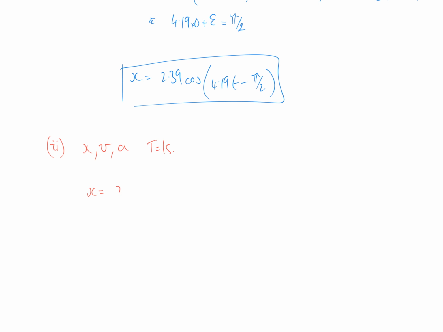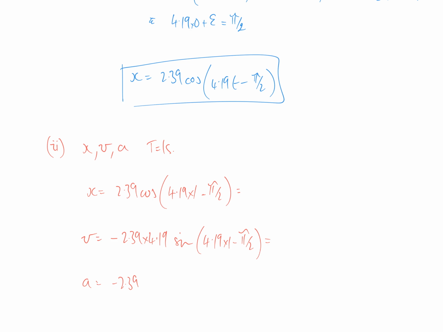So x is going to be 2.39 cos(4.19 times 1 minus pi over 2). v is going to equal minus 2.39 times 4.19 sine(4.19 minus pi over 2), and acceleration is minus 2.39 times 4.19 squared cosine(4.19 times 1 minus pi over 2).